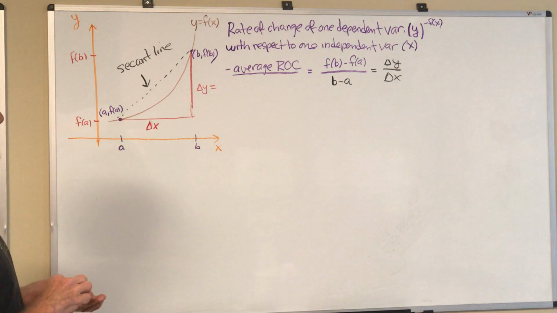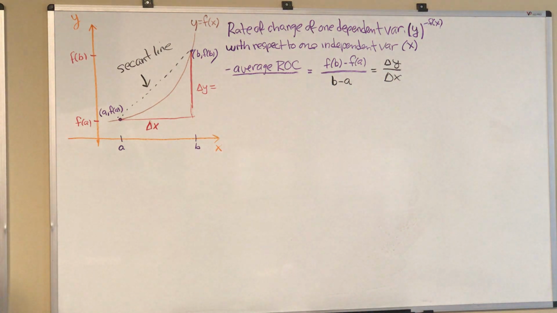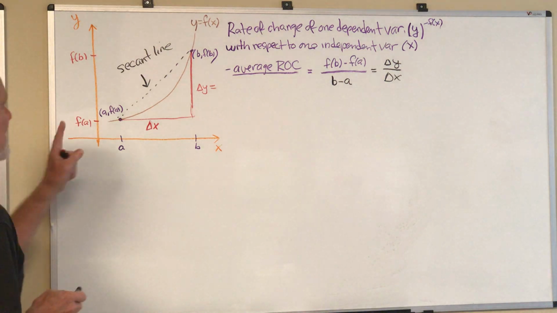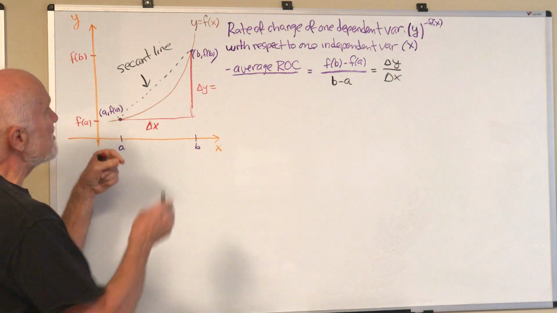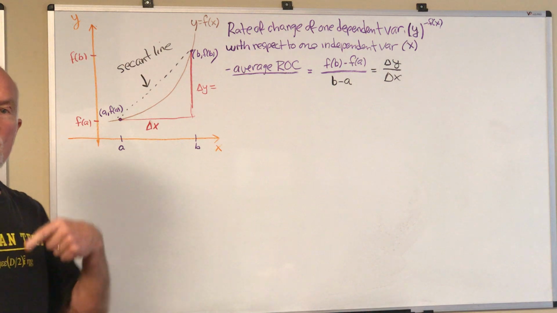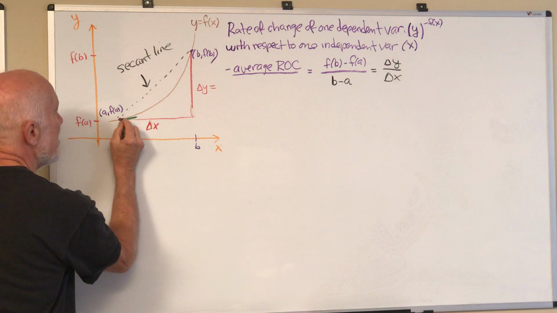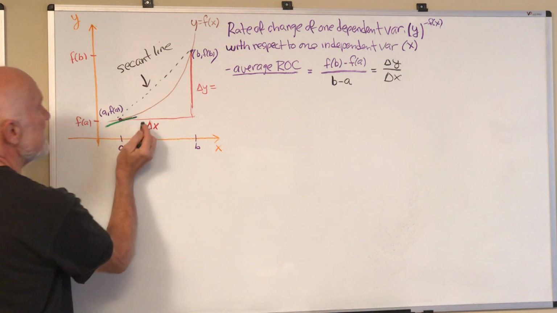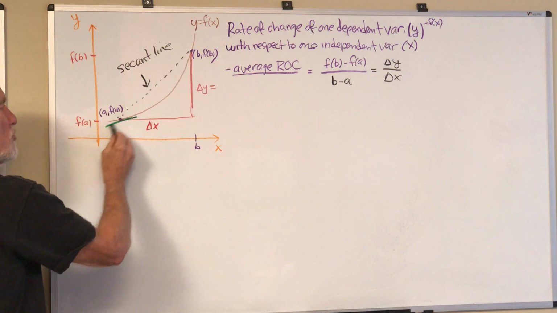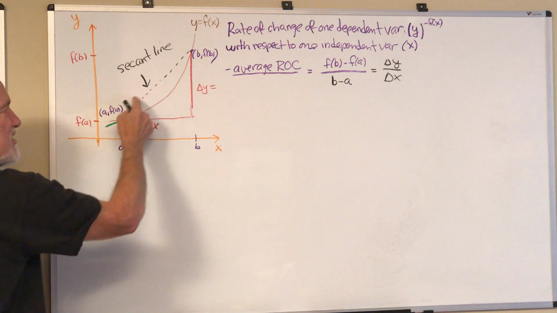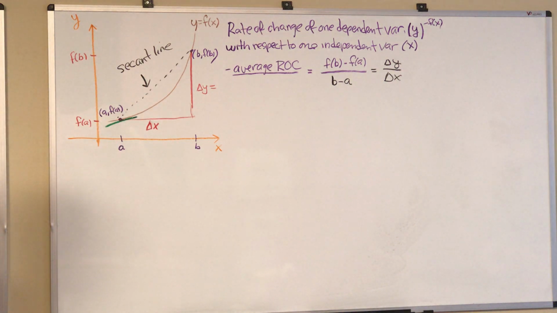Now, where calculus really comes into play is now when we're looking for the instantaneous rate of change. How fast does y change with respect to x right at a point? Like say right here, what we want is the slope of this green line instead of the slope of this dotted black line.